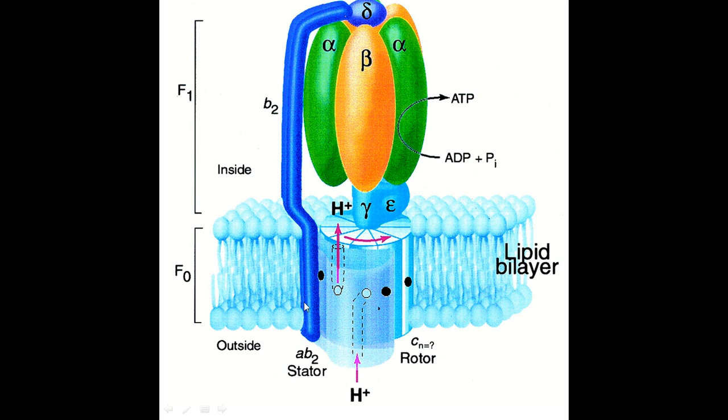The ATP synthase basically has 8 distinct subunits, but each subunit might have one or more copies. As seen here, this is the structure of the ATP synthase, which is embedded in the inner mitochondrial membrane and opens into the mitochondrial matrix.